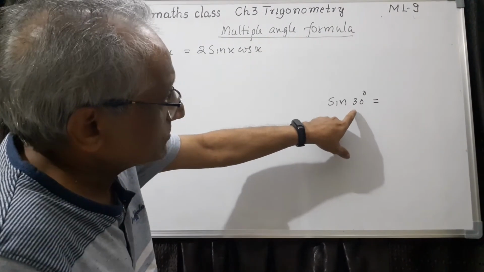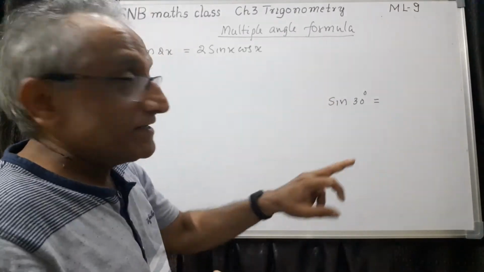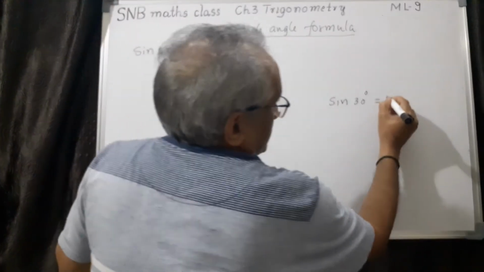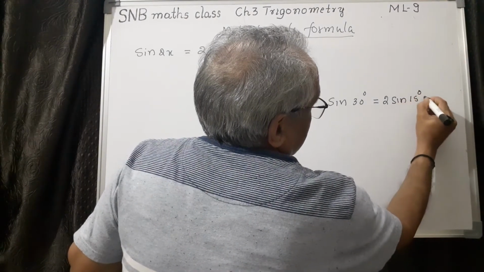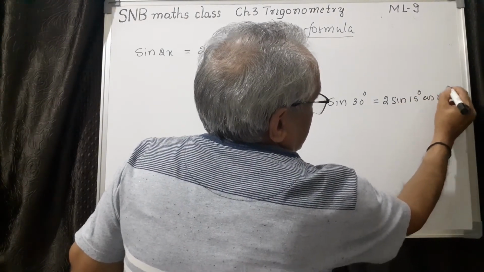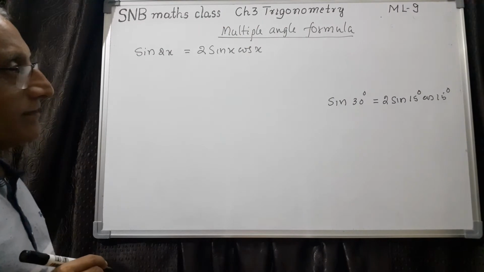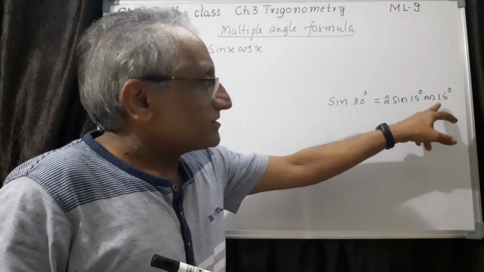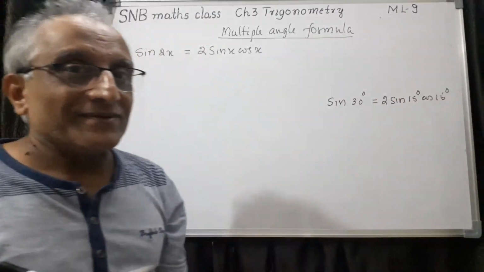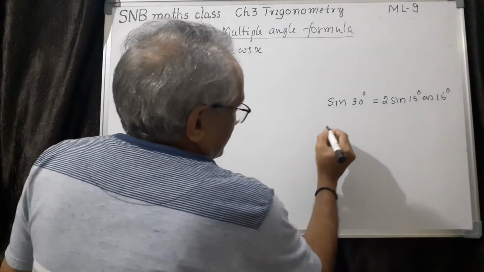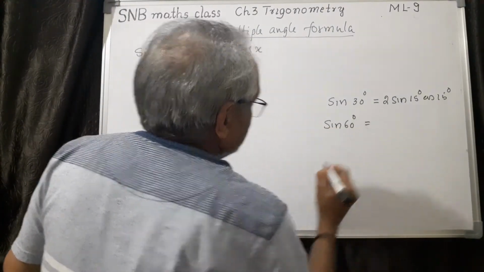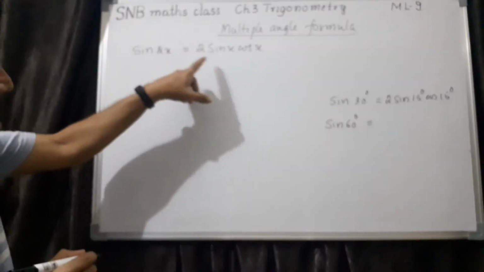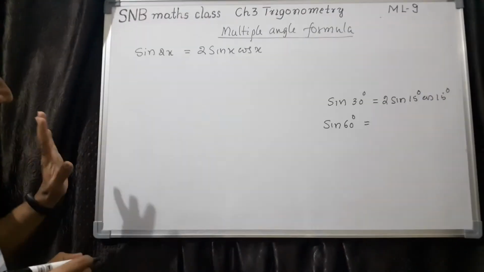So 30 degrees is 2x, and x is half of that, 15. Therefore it is 2 sine 15 degrees cos 15 degrees. Of course, you don't know what sine 15 and cos 15 are, so you may not appreciate this now. Suppose I take sine 60 degrees instead, then you will definitely appreciate this formula, because it should be valid here. Now let us check.